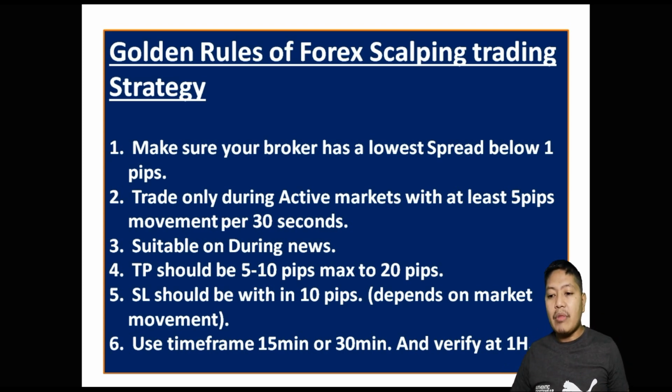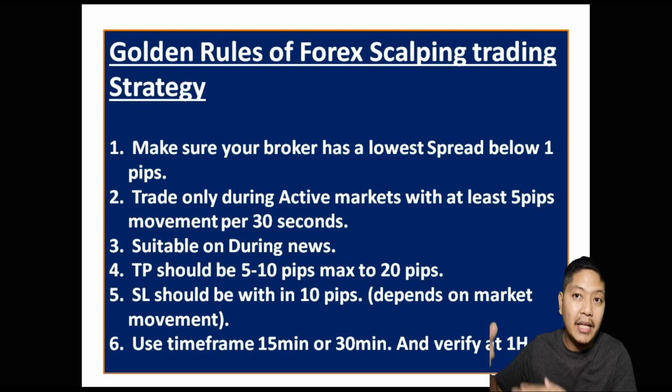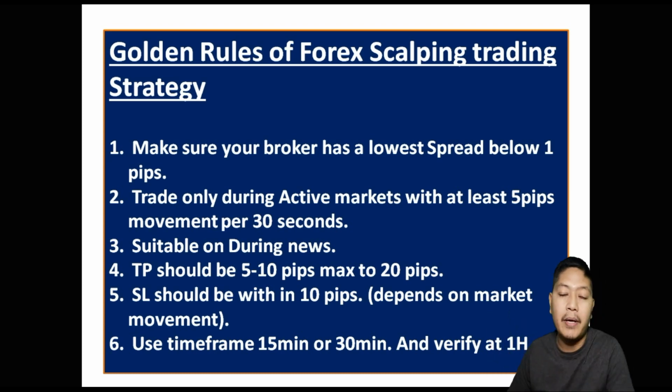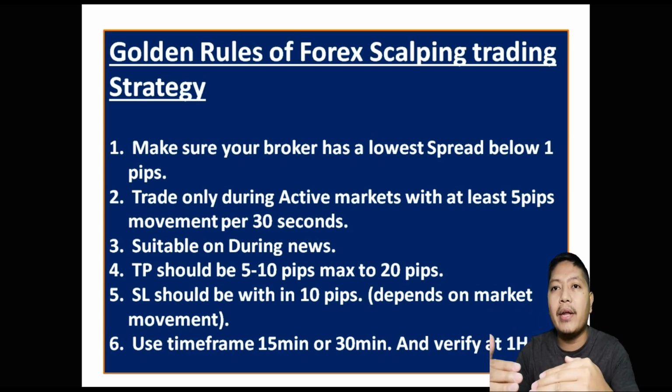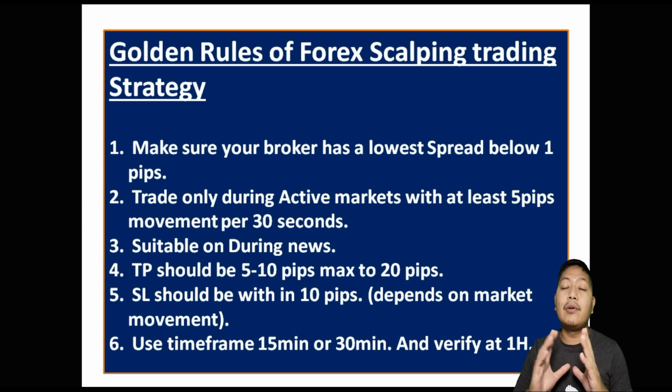Number four, TP should be 5 to 10 pips and a maximum of 20 pips. Sometimes you can let it run once it is in positive. It is good because, the moment you enter and reach 5 pips, you can move your SL to where you entered.